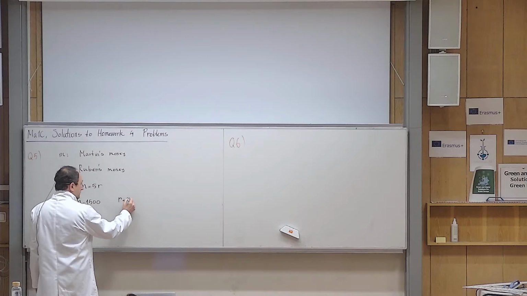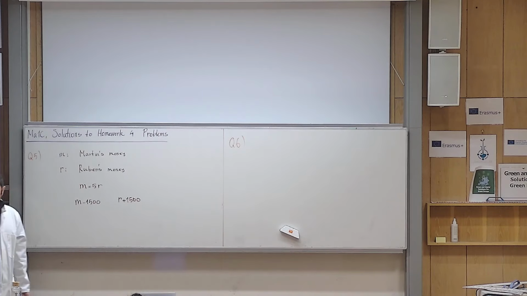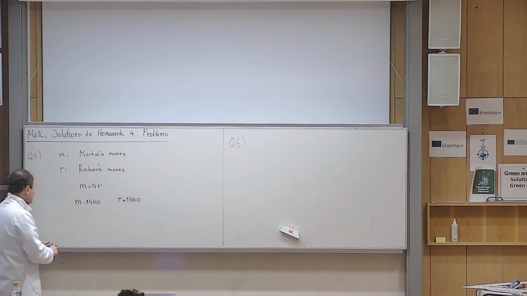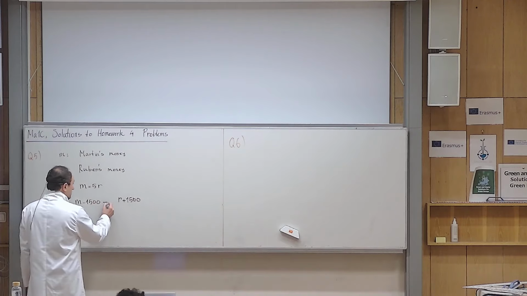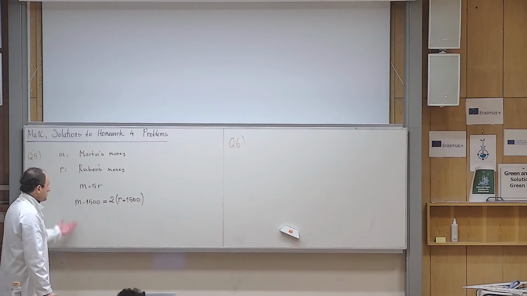R plus 1,500. Okay? But the problem says that if this happens, now Martin will have twice as much money as Ruben. Okay. So now what should I do? I would write this one is equal to what? 2 times this number.